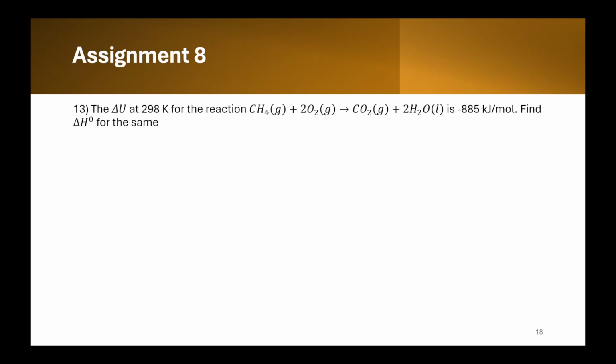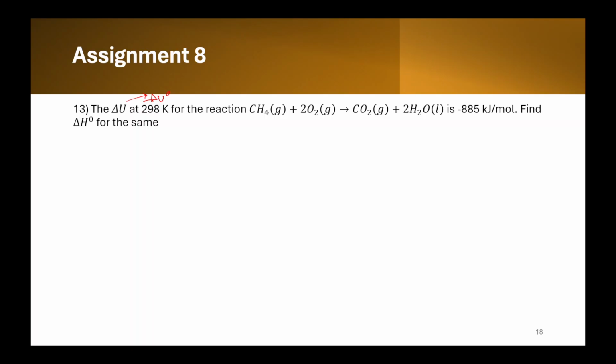Next question. The delta U at 298 K for the reaction, oxidation of methane basically, complete combustion of methane basically, is minus 885 kilojoule per mole. Find the delta H naught for the same. So this is at 298 K, so this will be delta U naught only.